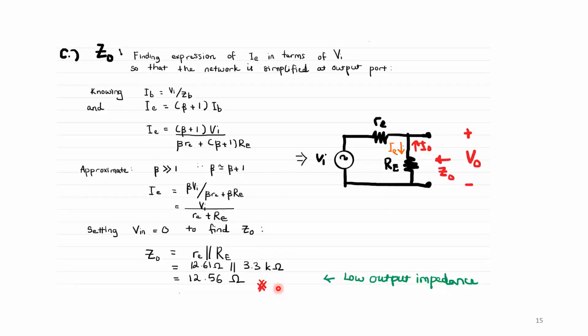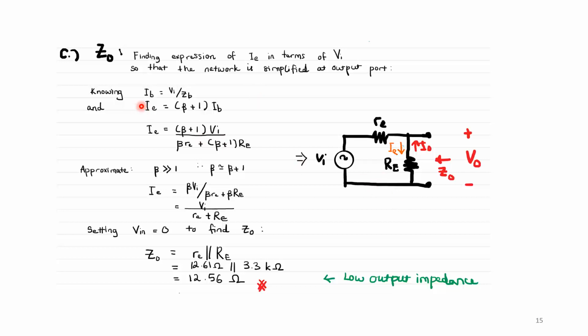Okay, now to find Zout, we will have to find the simplified version. And to find the simplified version, we start with IB equal to Vin over ZB again. Okay, we want to simplify it so that we can set Vin equal to 0 to find Zout.